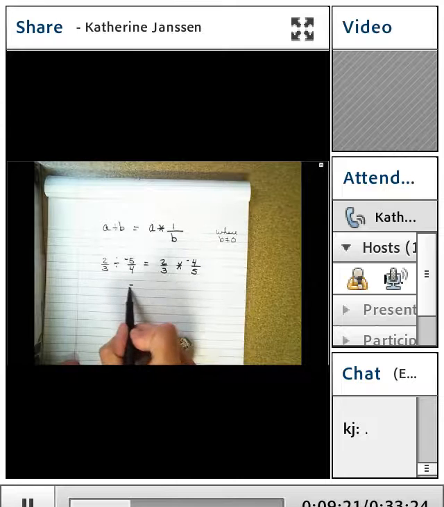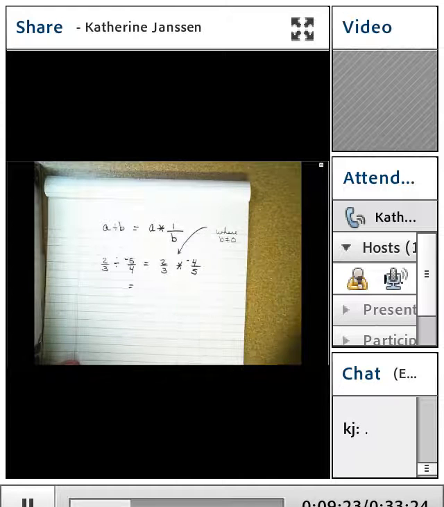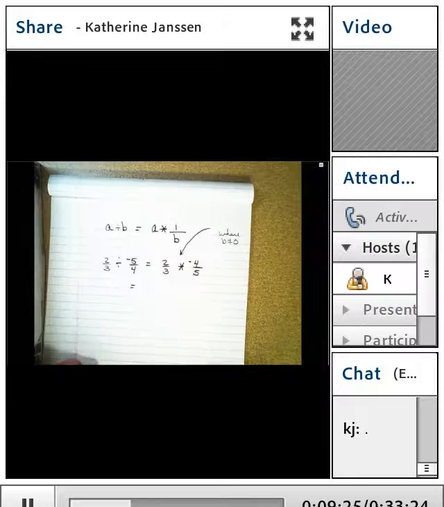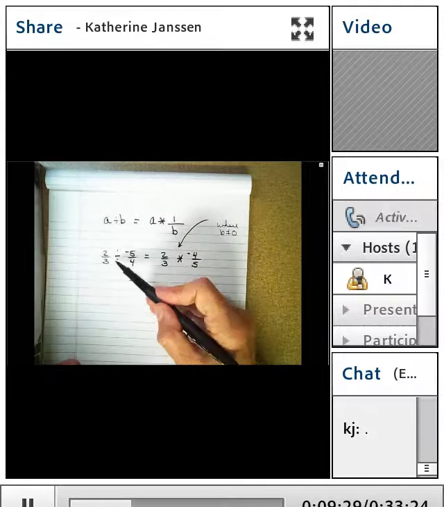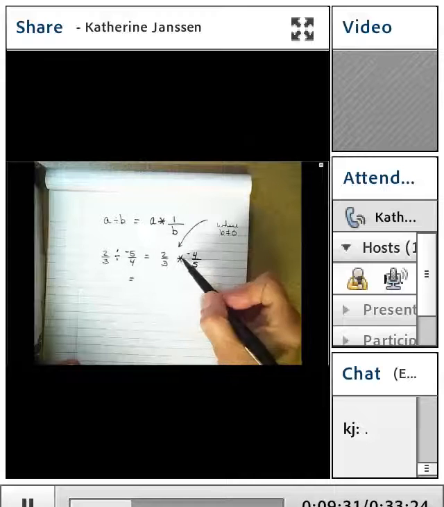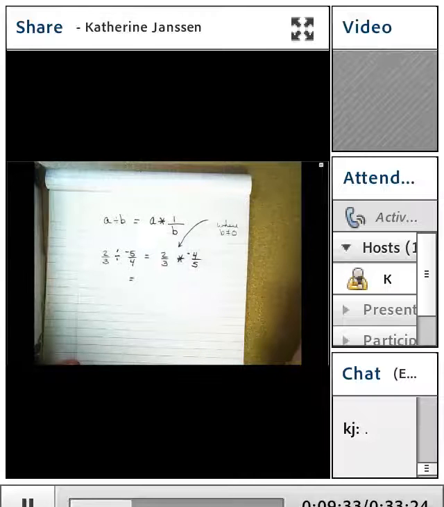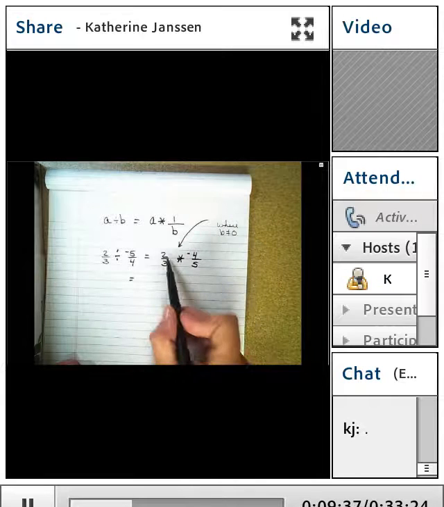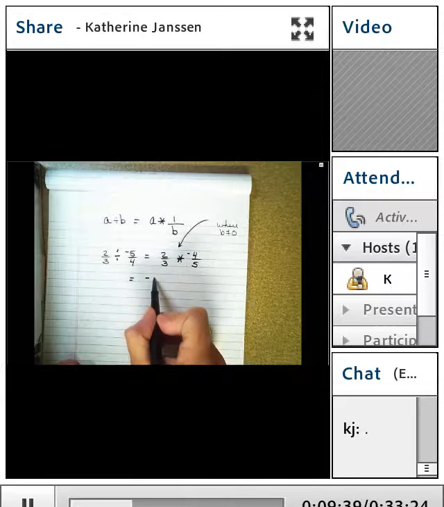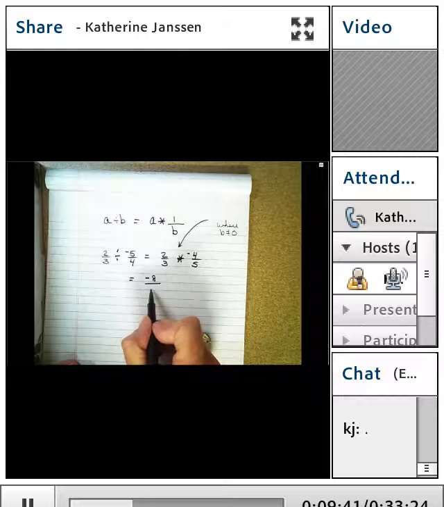We've been working on that in section 10.4. So we're defining division in terms of something we already know, multiplication. And multiplication of fractions, by the way, is a piece of cake. 2 times a negative 4 is a negative 8, and 3 times 5 is 15. I can't simplify that any further.